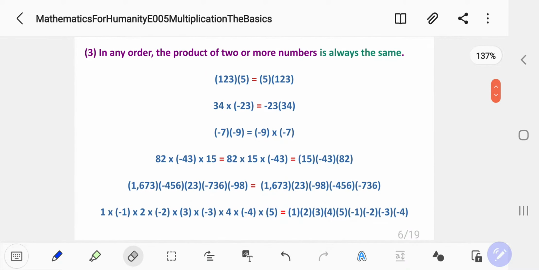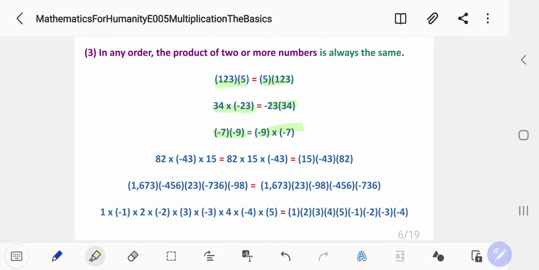The third rule is, in any order, the product of two or more numbers is always the same. So when you multiply 123 by 5, it's the same as multiplying 5 by 123. Or 34 times negative 23 is just negative 23 times 34. Or negative 7 times 9 is just negative 9 times 7.